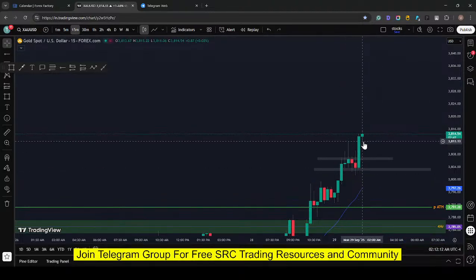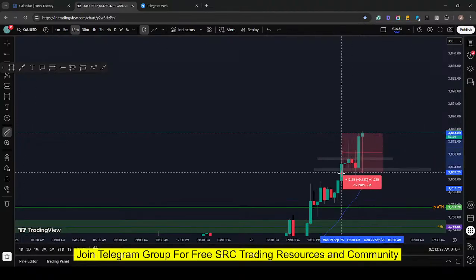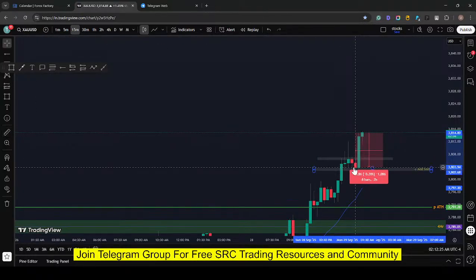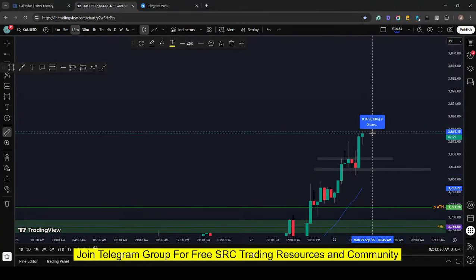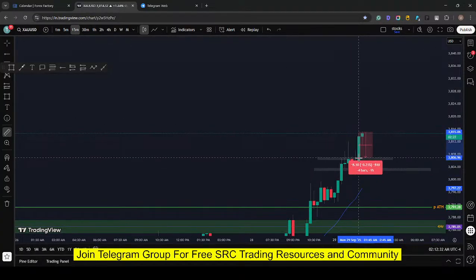For every seller, it can move up. If you want to give a shot, give it, but I would say wait for a minute. What's the candle size?